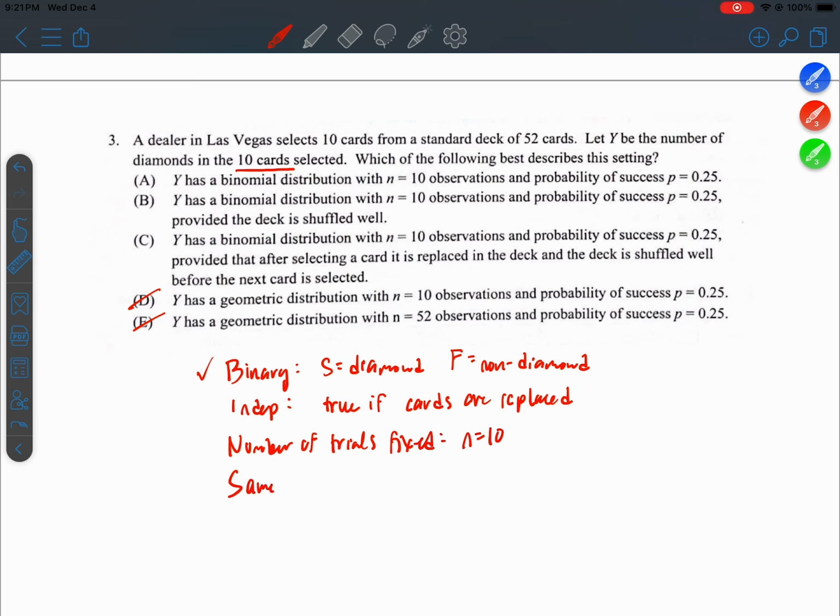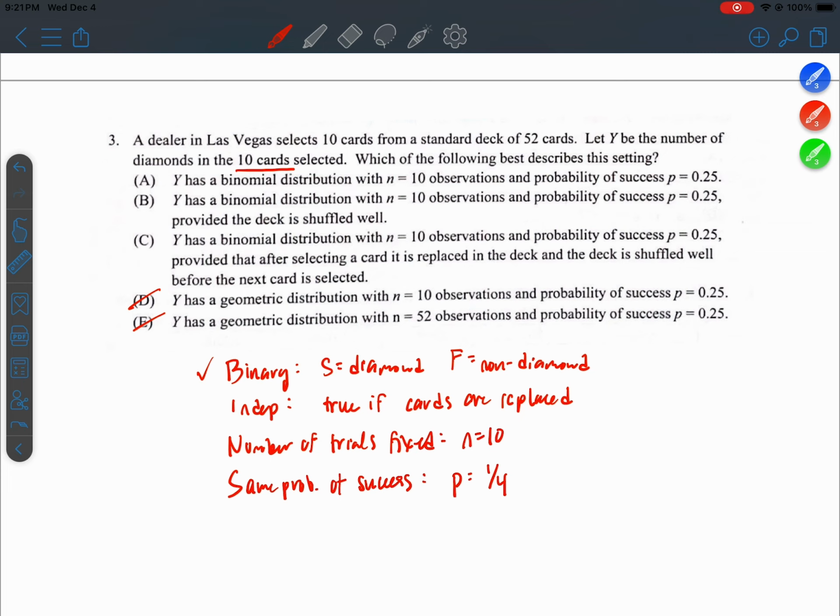S stands for the same probability of success. So if we assume the cards get replaced, then the probability of getting a diamond would be 1 in 4. There's only 4 suits in a deck of cards, diamonds, hearts, clubs, and spades, and they are equally likely.